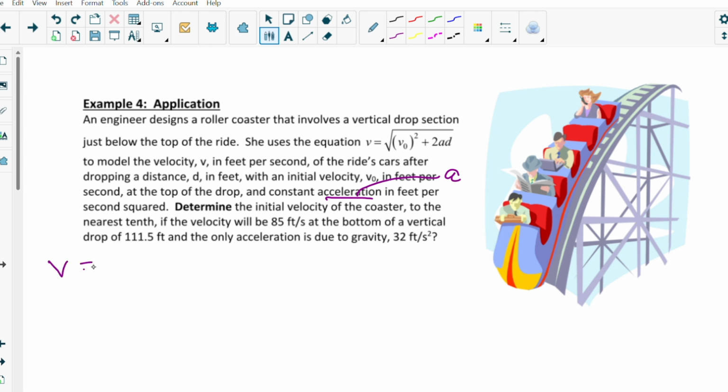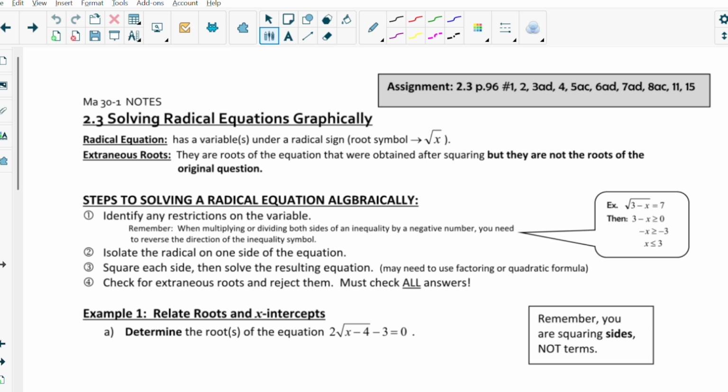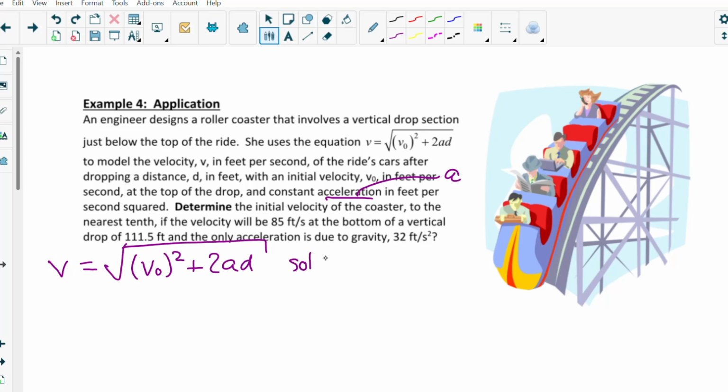Wow. Okay. I have my original equation. Velocity equals the square root of initial velocity squared plus 2 times acceleration times the vertical distance. I need to solve for V naught. V, velocity equals 85 feet per second.